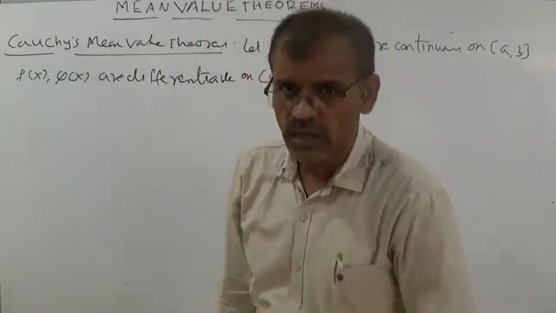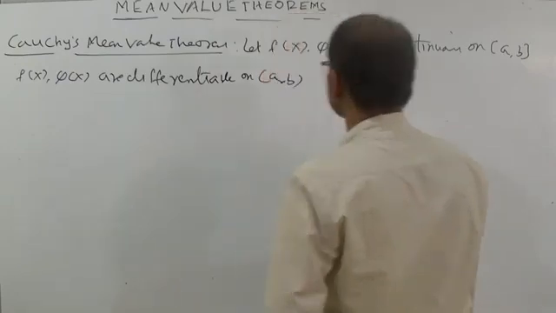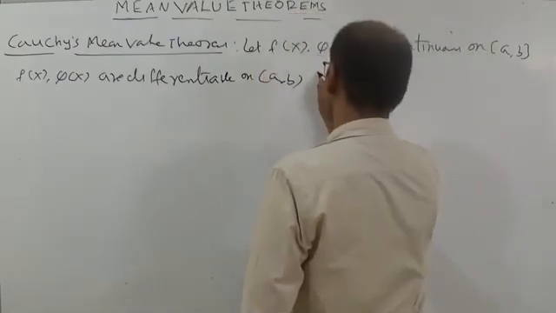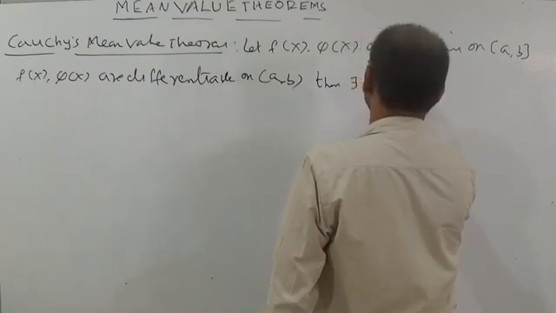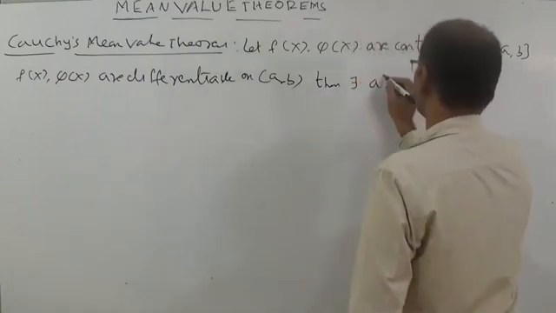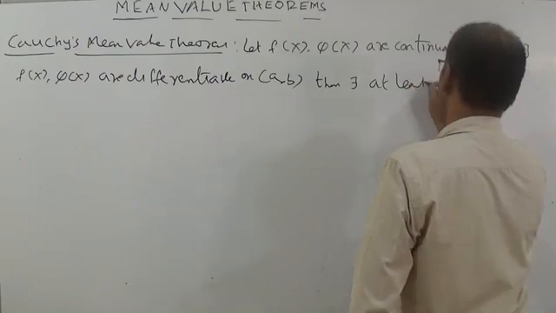If continuous on the closed interval a comma b and differentiable on the open interval a comma b, then there exists a value, at least one, same as Rolle's concept.